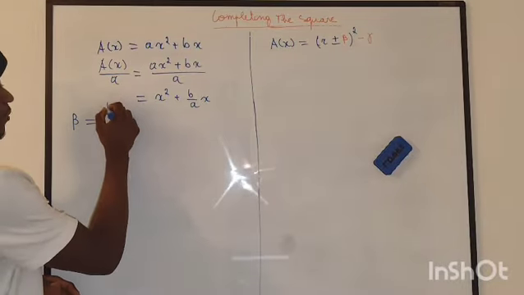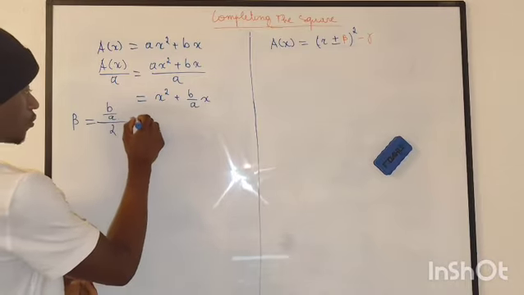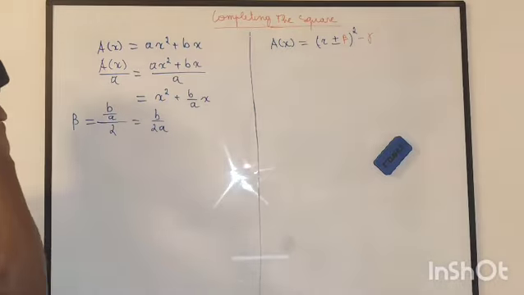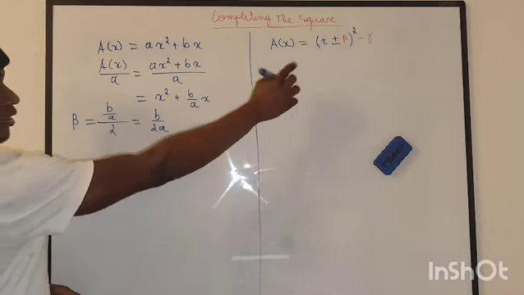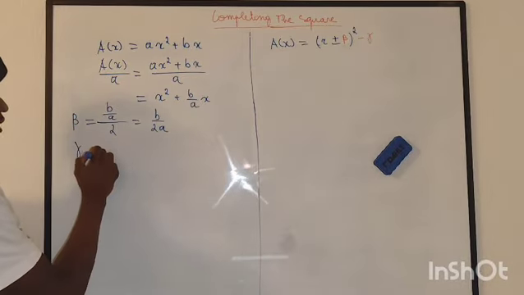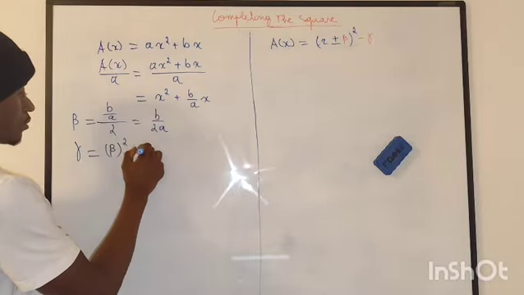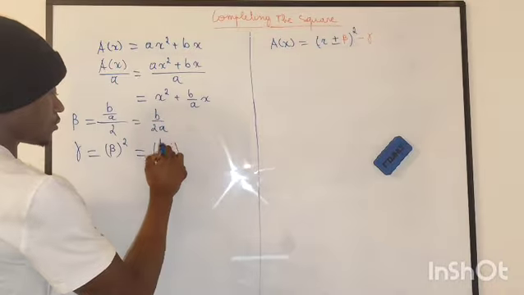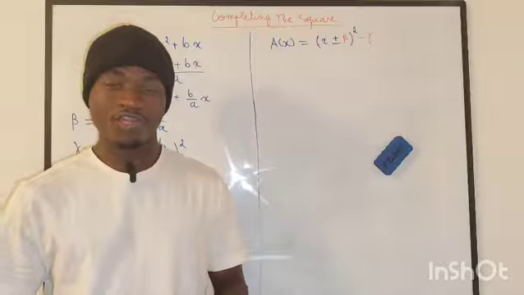We will have b over a divided by 2, which is b over 2a. And then at this other step, we will have gamma. Gamma is beta squared. That means b over 2a squared. Really easy.